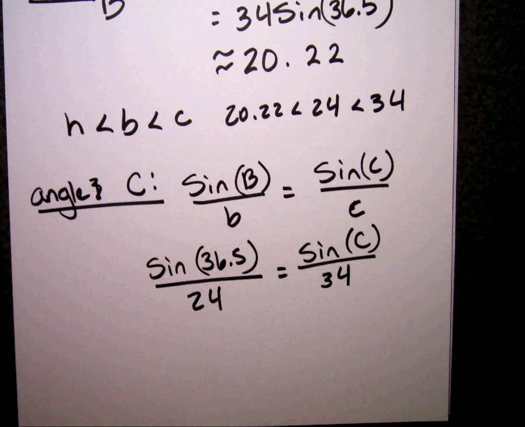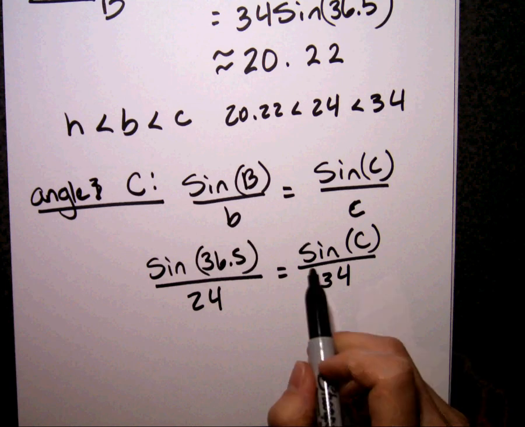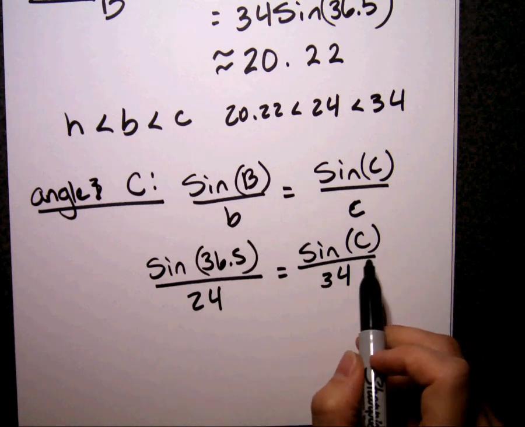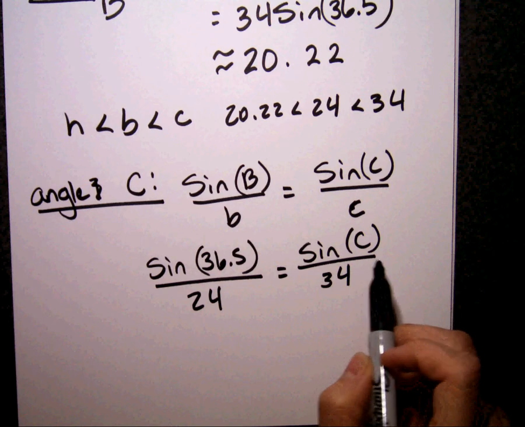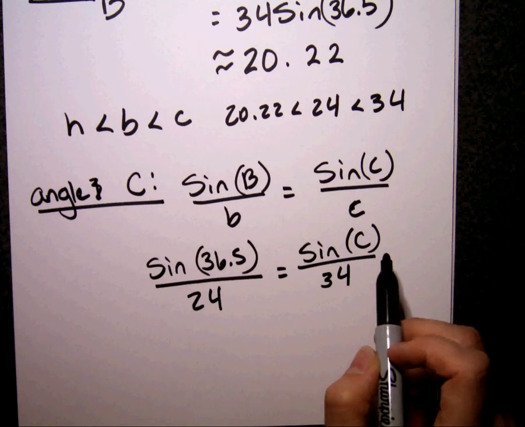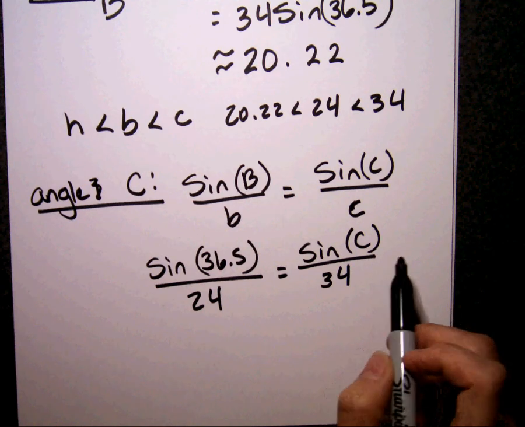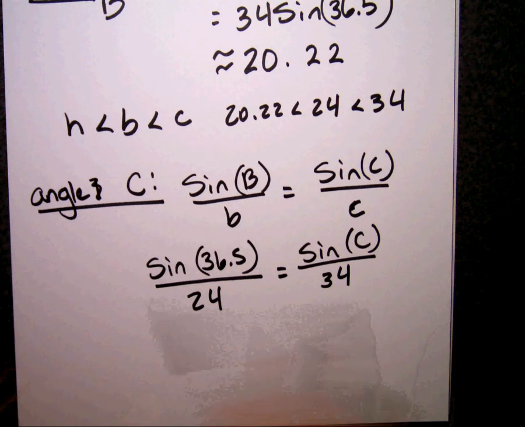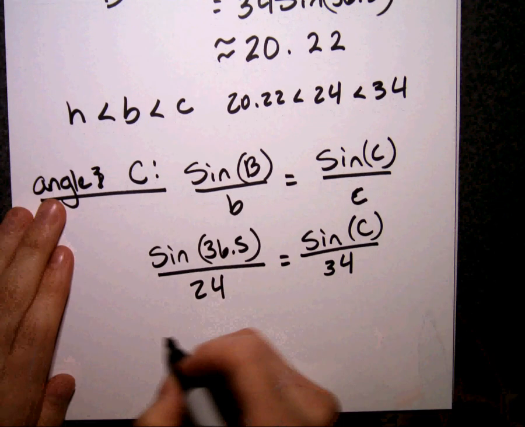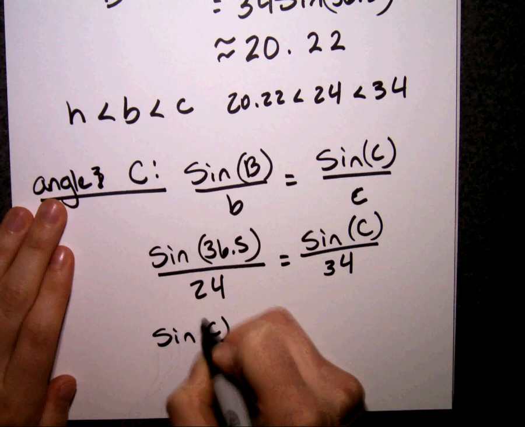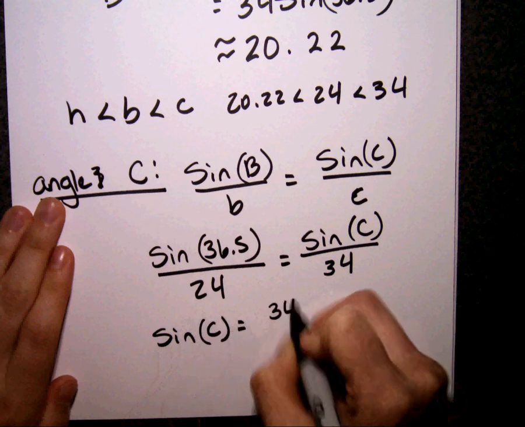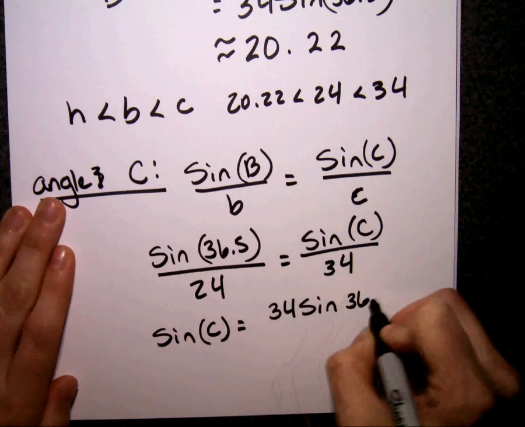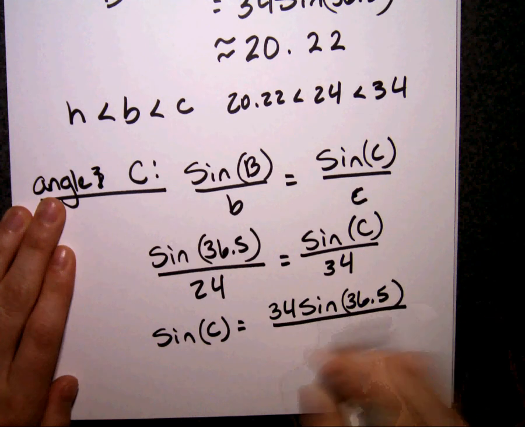But notice here that I'm trying to find an angle. And if you recall, what do we do when we're trying to find an angle? We need to use the inverse trig function. So cross multiplying and dividing, I'm going to end up that sine of C is equal to 34 sine of 36.5 divided by 24.